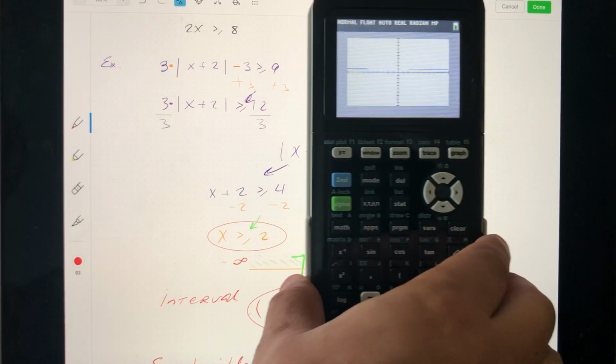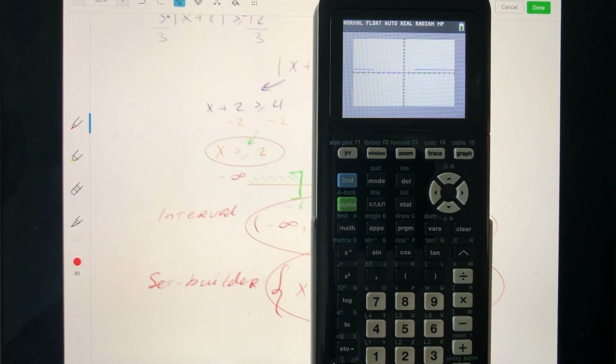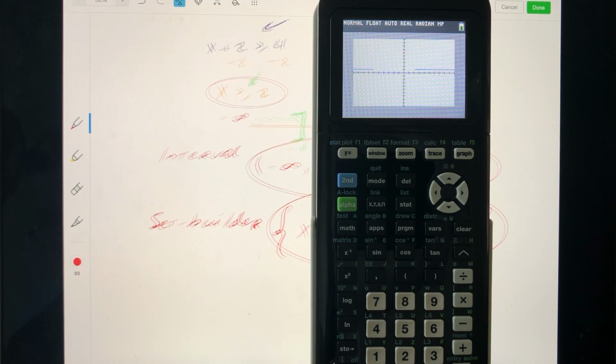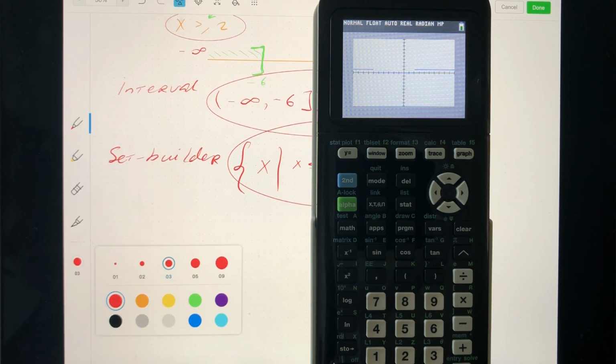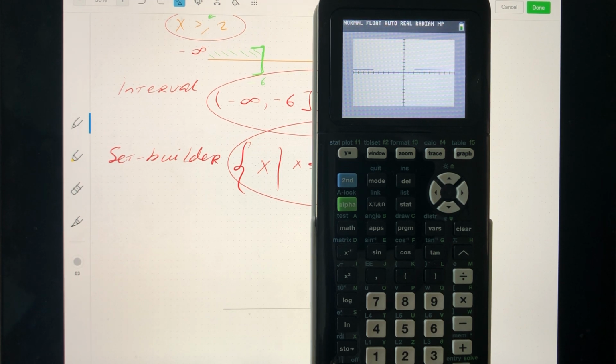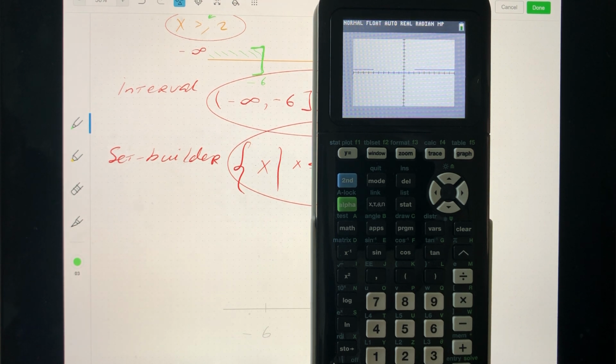So if we were to make a sketch of what the calculator gave us, let's make a little picture. The calculator says that here is a height of 1, and up until negative 6, from negative 6 to this way, it's all 1s.